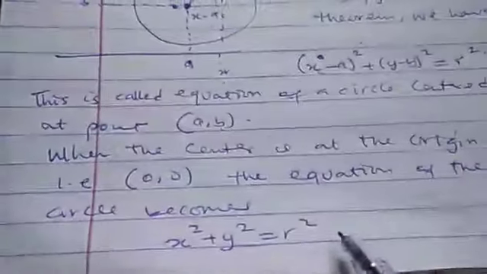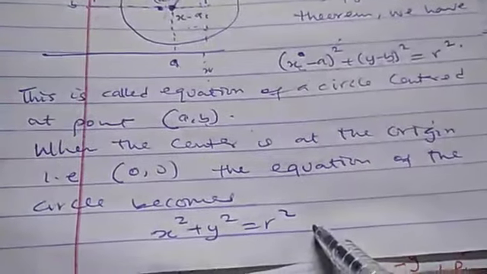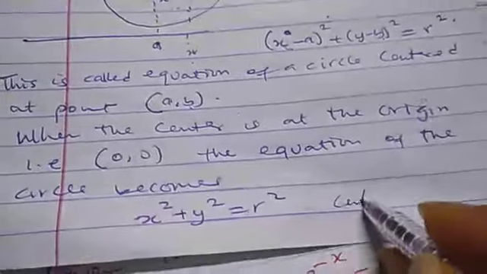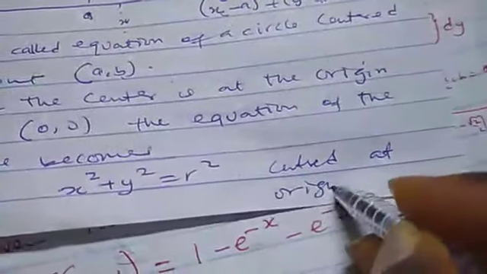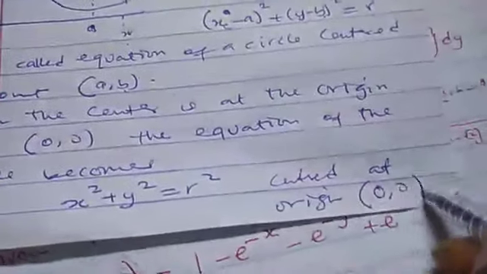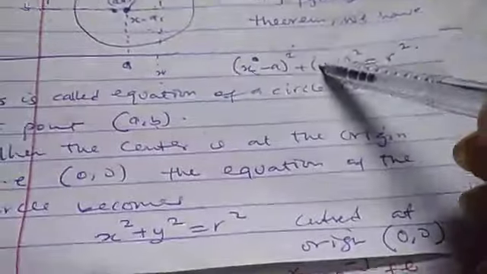So this is equation of a circle centered at origin. Origin there simply means (0, 0). So these are the two equations of circle. This one is centered at point (a, b), while this one is centered at origin.